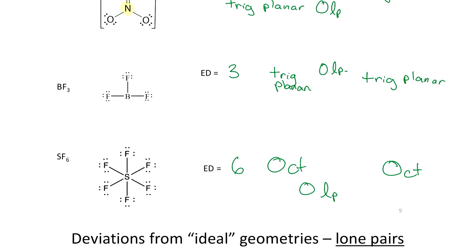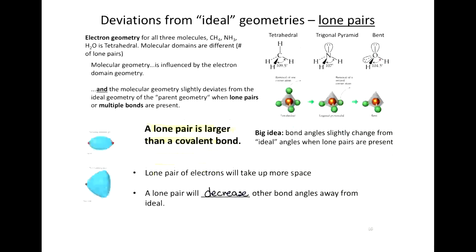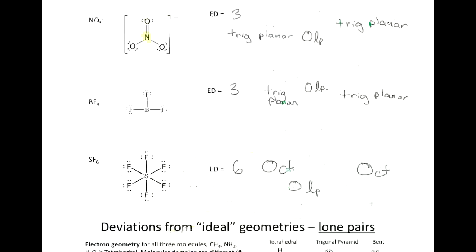So all of this has to do with first starting with the correct Lewis structure, being able to interpret what are my electron domains around my central atom, and then applying lone pairs if applicable for that specific Lewis structure.